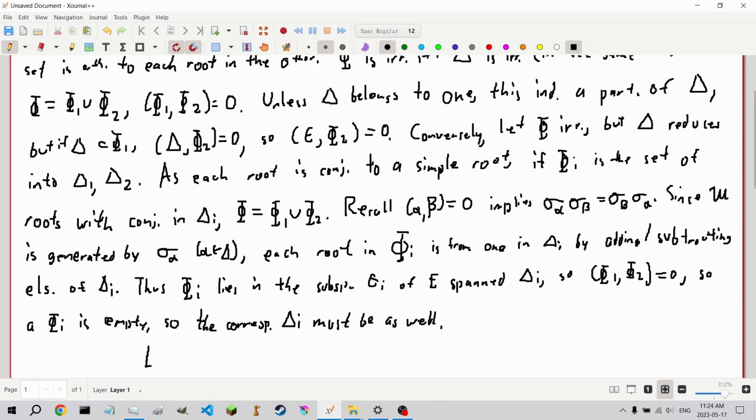Now we move on to a lemma. Let phi be irreducible.